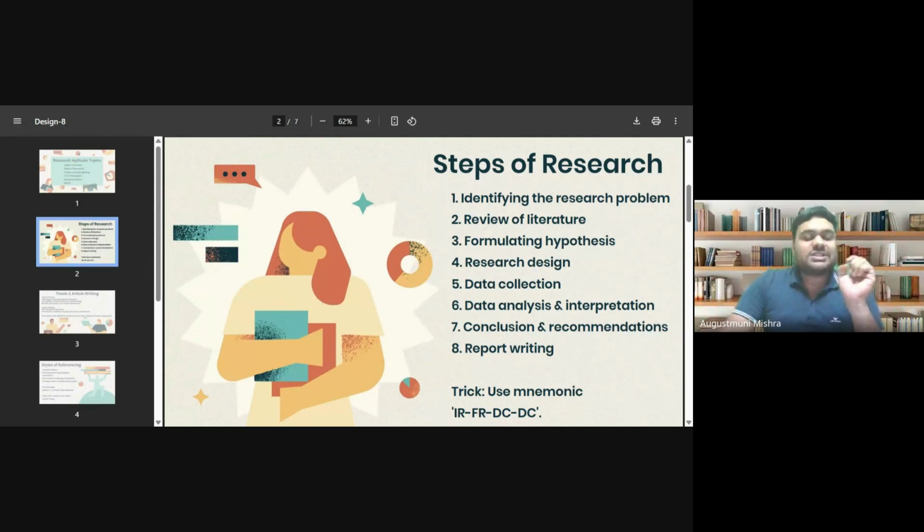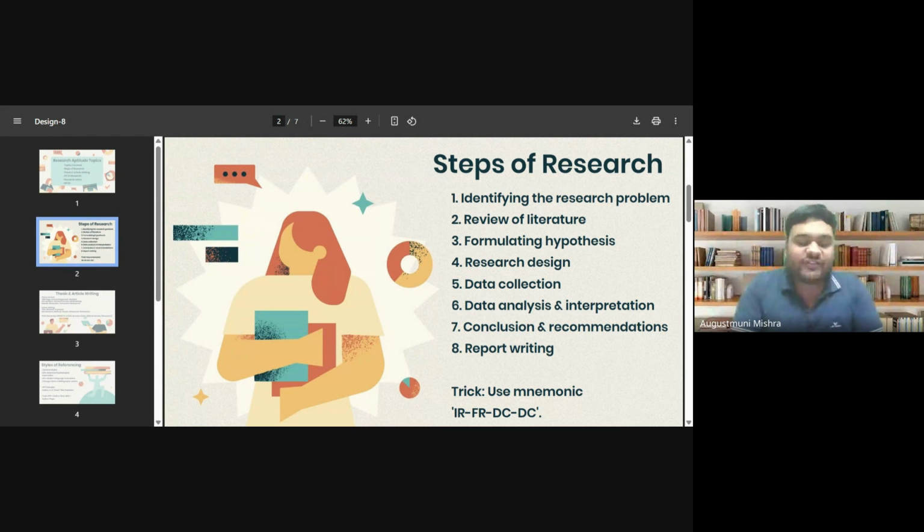Many of you have heard that in a PhD, whenever a research scholar finds their research title, most guides say that half of the work is done once you find your research title, because the most important work is finding the research title.